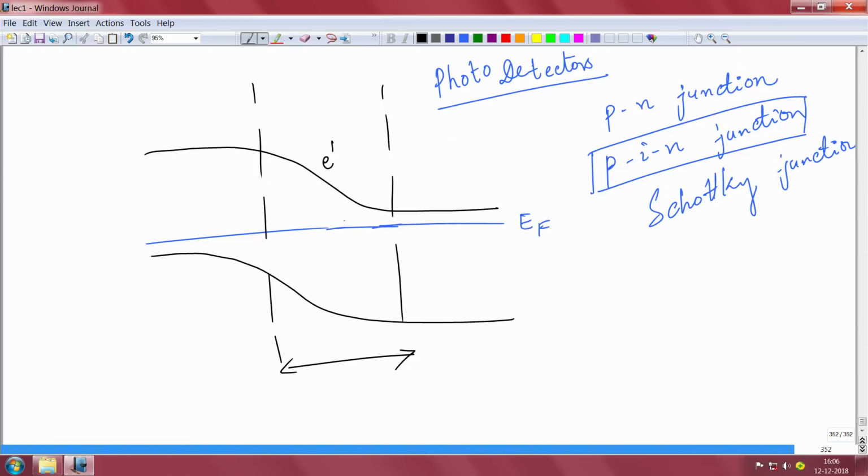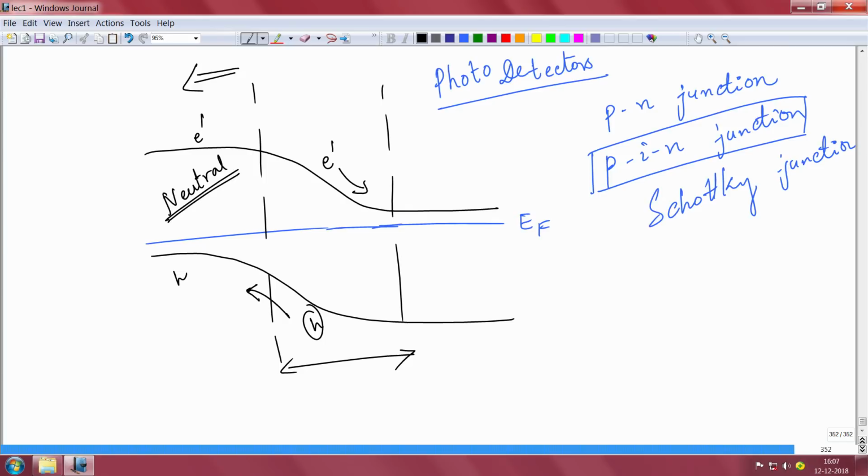Any light absorbed there can give rise to an electron and a hole, the electron will be swept to this side, the hole to this side, so the current will eventually flow in this direction. This area is neutral, or quasi-neutral, and there is no field. Any photon absorbed here that gives rise to an electron-hole pair is wasted, because it will neither drift; it will diffuse and recombine and not contribute to electricity.